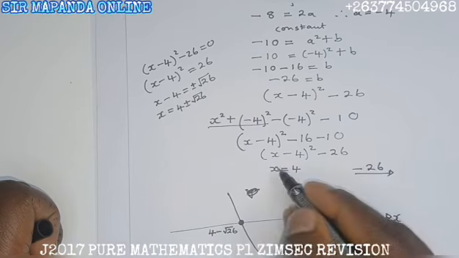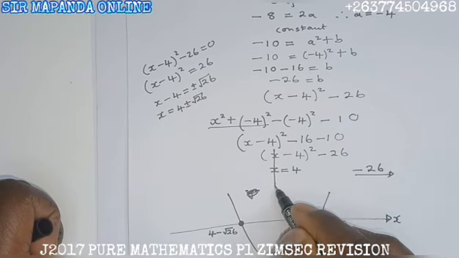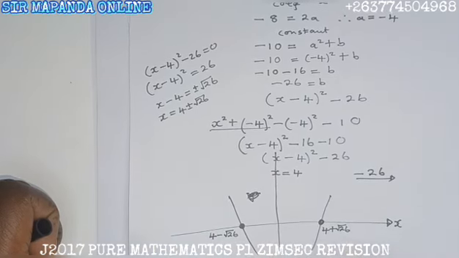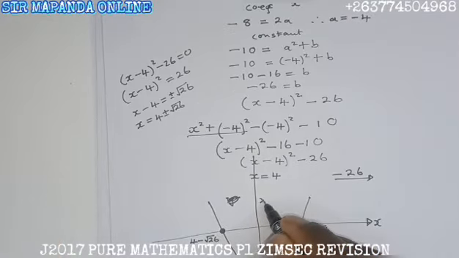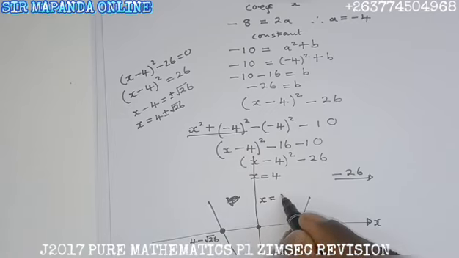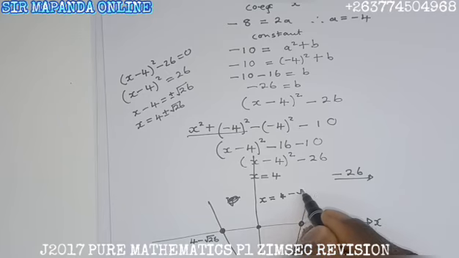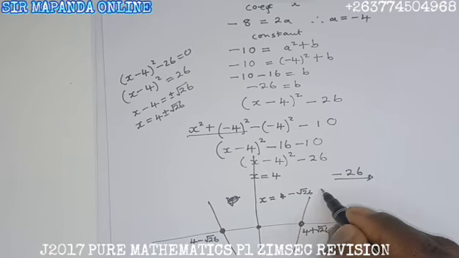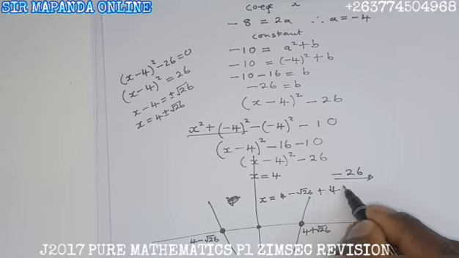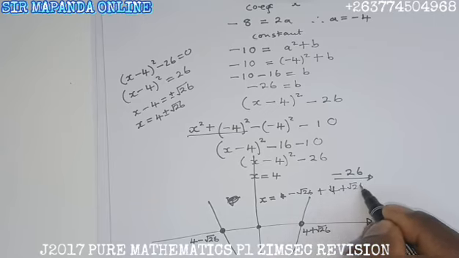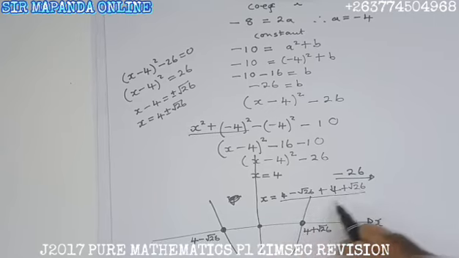So the equation of the line of symmetry passes through x equals something. We need the value of x here, which is the average of the two values. So you are saying x is equal to 4 minus square root of 26 plus 4 plus square root of 26, then you divide by 2.